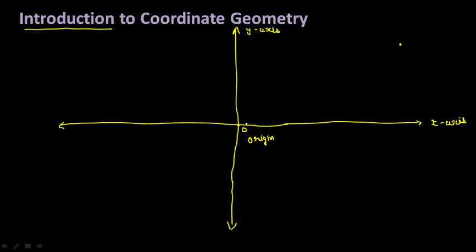Now what they had done? They wrote down the numbers on this as we write on our number line. So this will be 1, 2, 3, 4, 5, 6, 7 and so on. Positive on the right hand side on the x-axis and negative on the left hand side of the x-axis. So please keep this in mind. Sometimes students make a mistake.